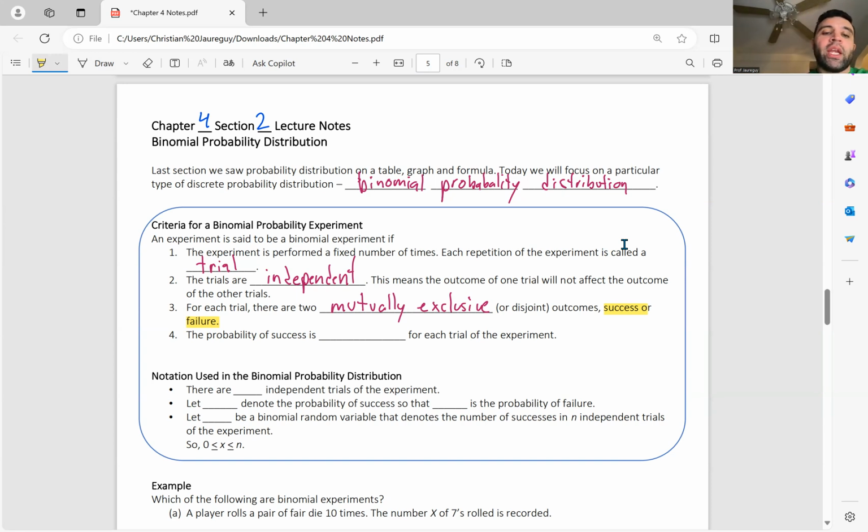And then the probability of success is the same. 2 and 4 are very, very similar. So you might combine them. Different groups might only have 3 bullet points, but trials are independent and the probability of success are the same. But that probability being the same is important.